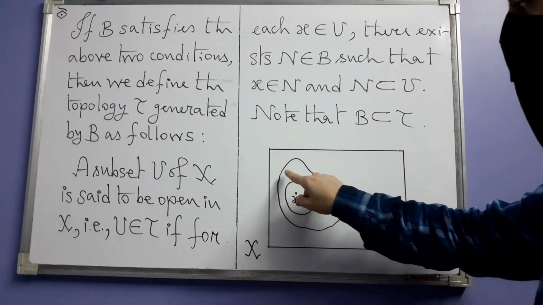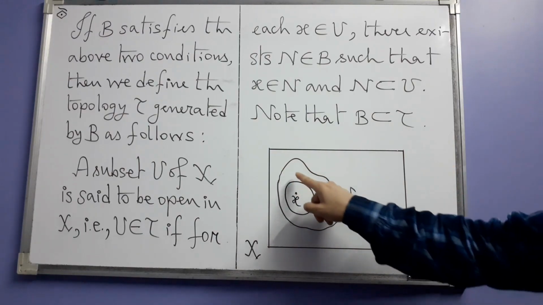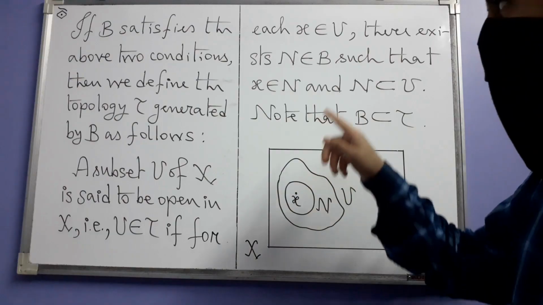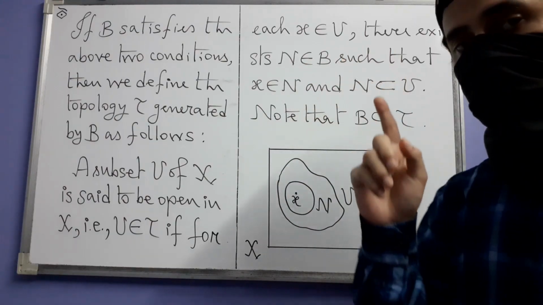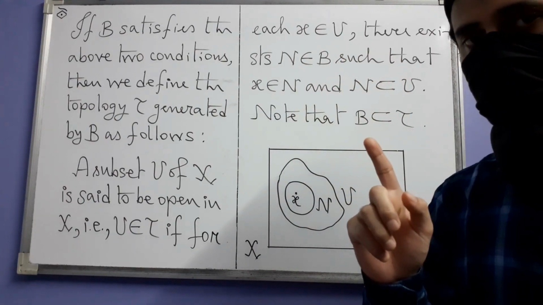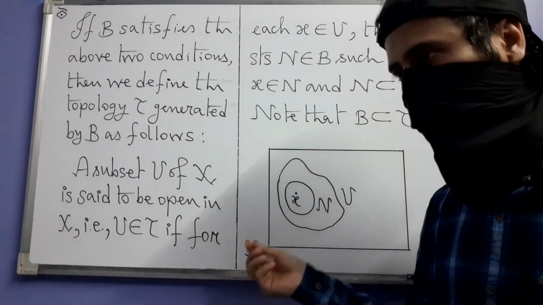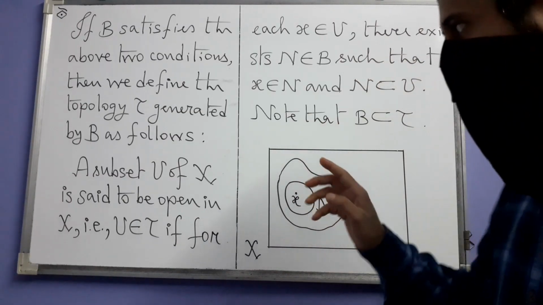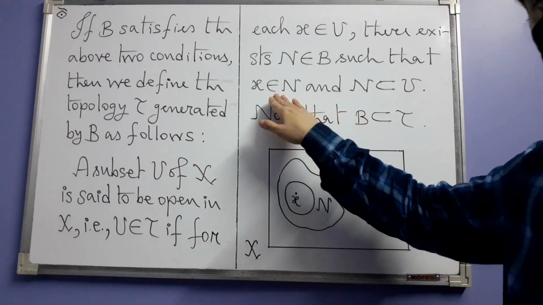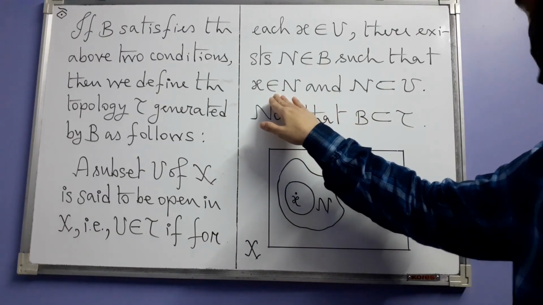Say you encounter some x somewhere which is not contained in any N. Well, condition 1 ensures that that x, after all being an element of X, will belong to some N. But that's not the only thing that you should have here.